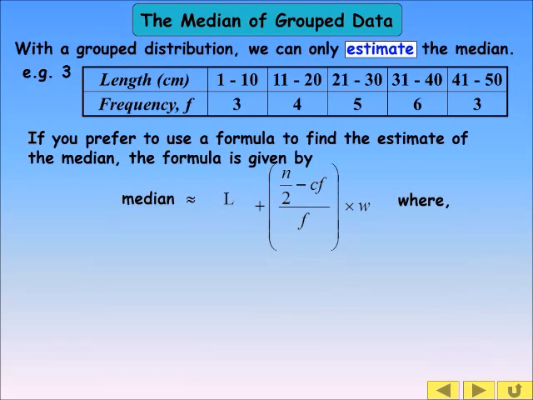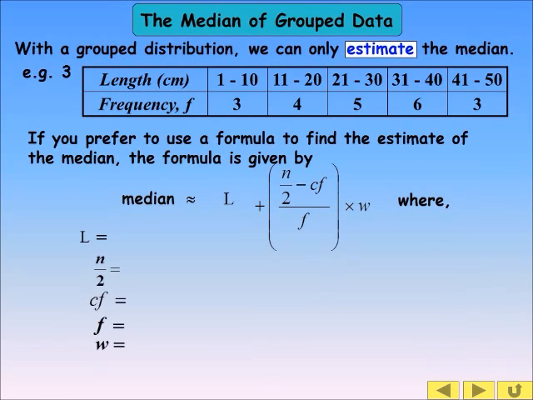In this example it is 3 plus 4, because the class that has the median is 21 to 30. The sum of the frequency before this class is 3 plus 4. And the width is the width of this class.